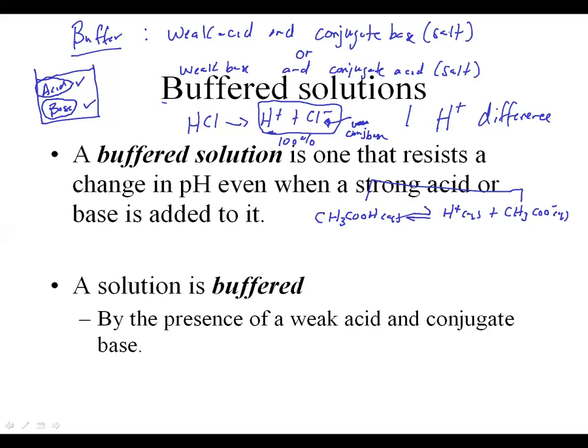What it means is that whatever the pH of that solution started out as, if you add some strong acid or strong base to it, it will be able to maintain that pH relatively close. It won't move very much. You won't see very big jumps in pH. So let's take a look at how one would work.